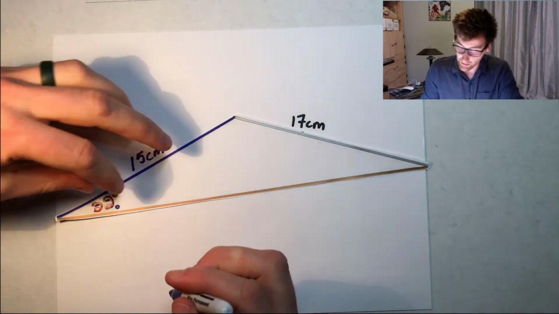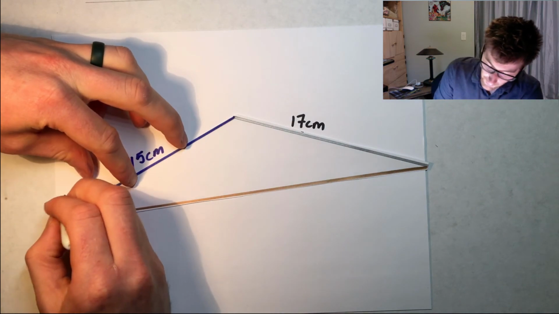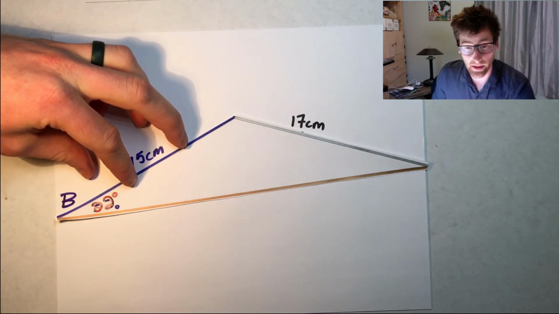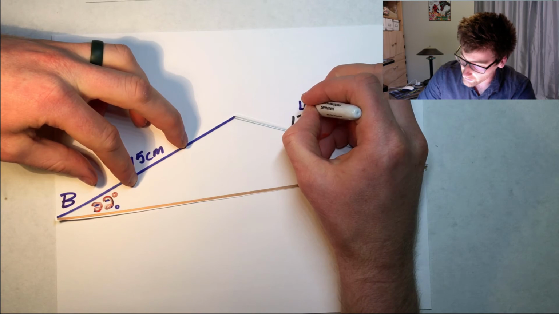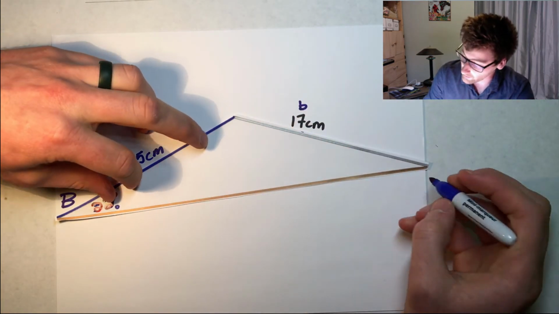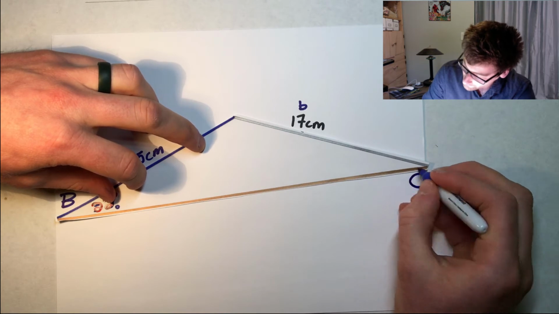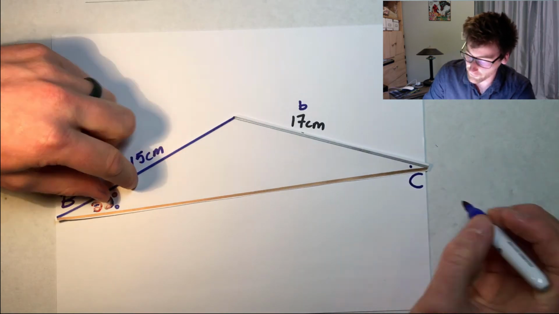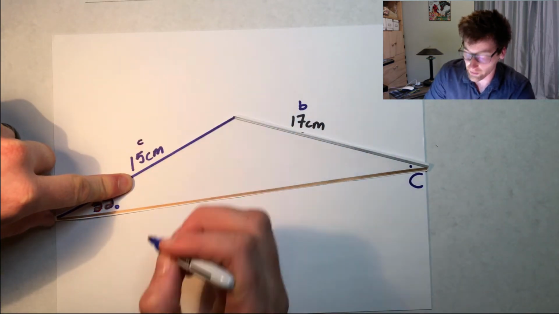What I'm going to denote is this is angle B, by saying a big B. I'm going to have side length little b across from big B. And then I'm going to put big C as this angle in here, and then little c across from it.